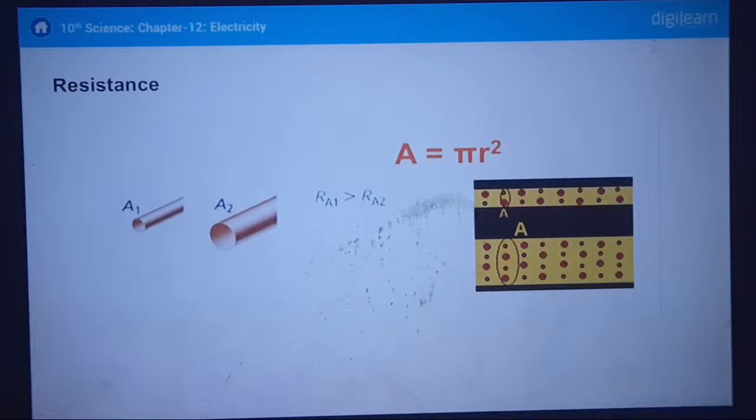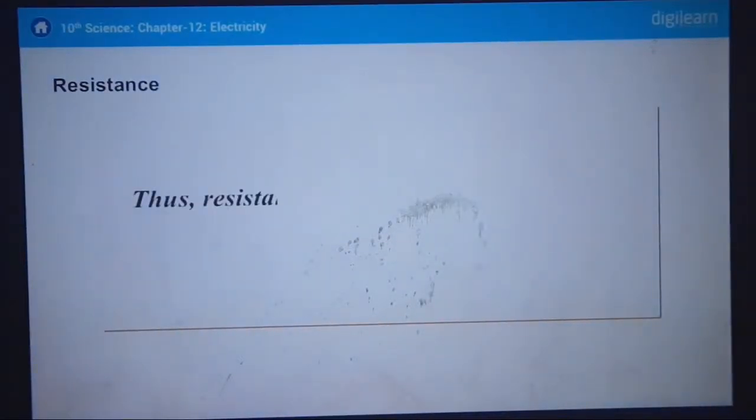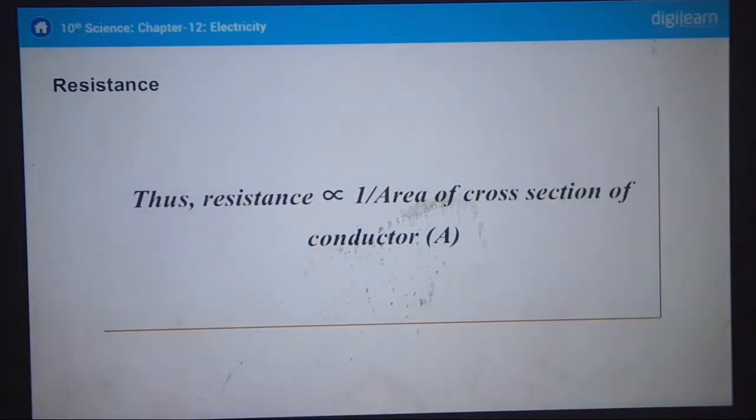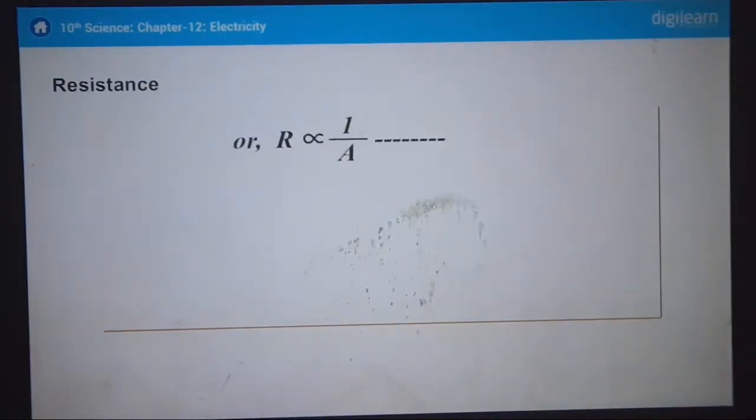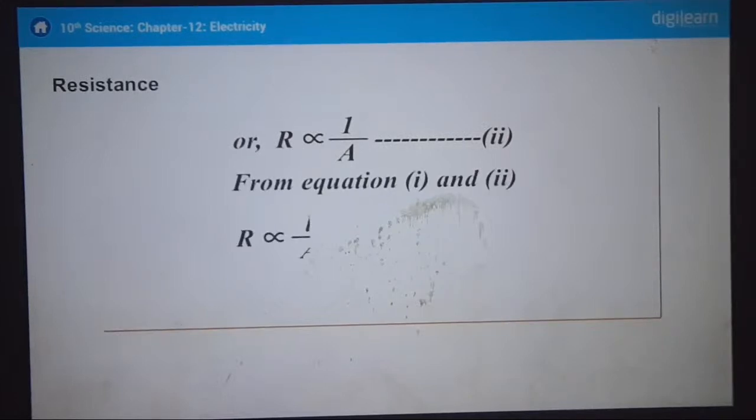This is the cause that thick copper wire creates less resistance to the electric current. Thus, resistance is proportional to 1 by A, or R ∝ 1/A, equation 2. From equations 1 and 2, R ∝ L/A.